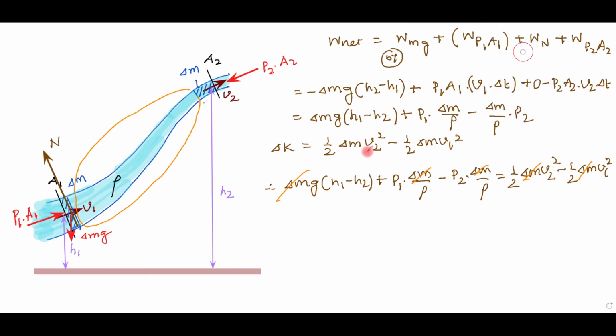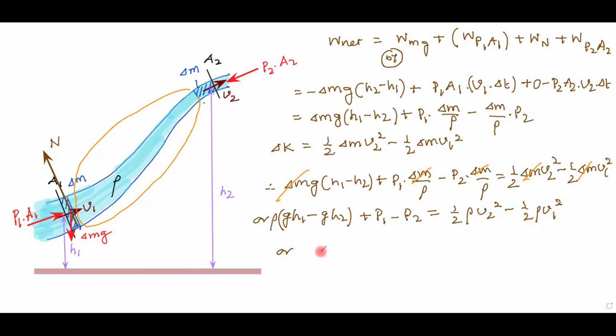Hence we get g h1 minus g h2, times rho, plus P1 minus P2 equals half rho v2 square minus half rho v1 square, or P1 plus rho g h1 plus half rho v1 square equals P2 plus rho g h2 plus half rho v2 square. Hence proved.